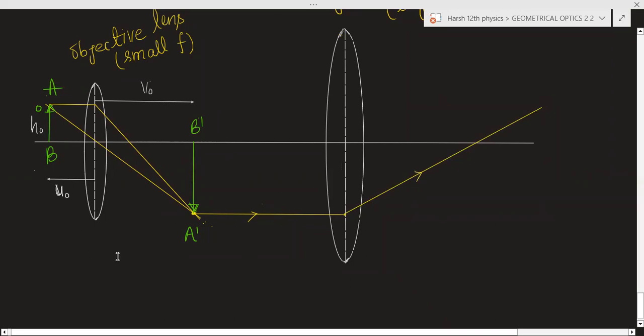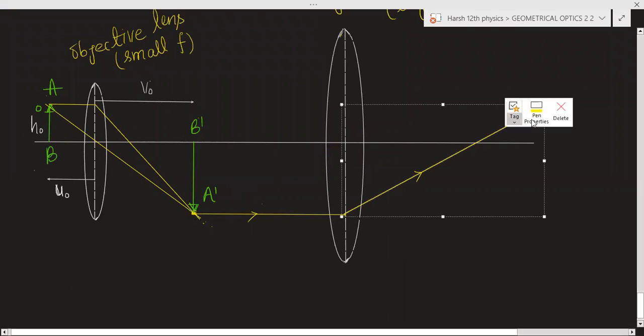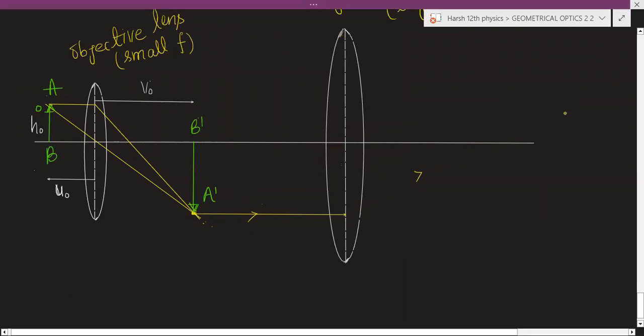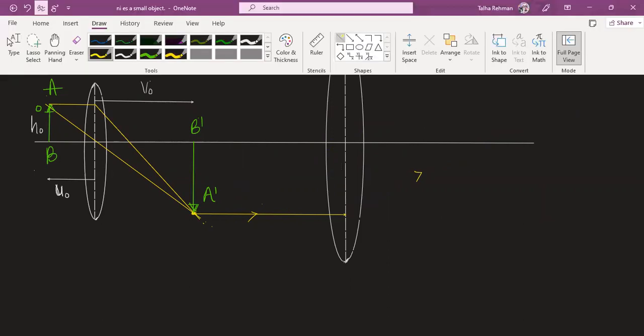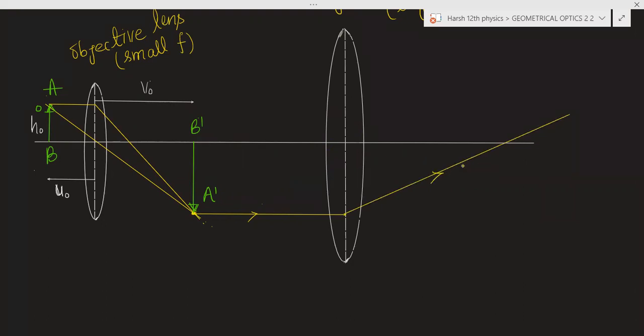Now what will we do? Another ray from this object will pass through the optical center, like this. This is the objective lens, so it will have a large focal length. Another ray will be like this.